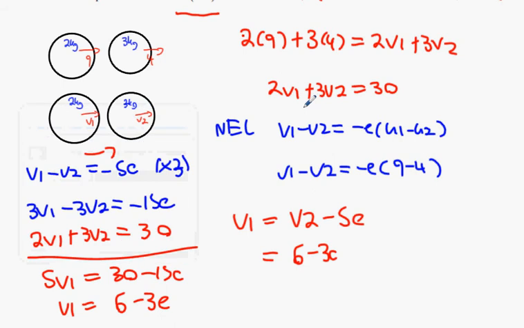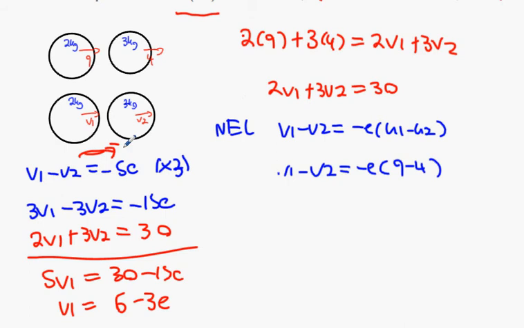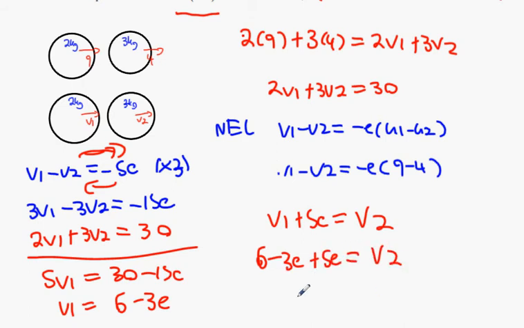Okay. V2 goes to the right, the 5E goes to the left, so I'm going to get V1 plus 5E equals V2. I was right. So I'm getting 6 minus 3E plus 5E equals V2. Therefore, 6 plus 2E equals V2.